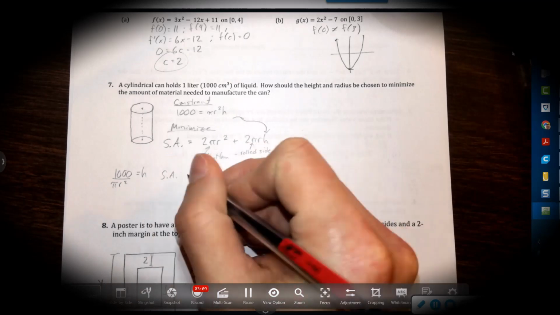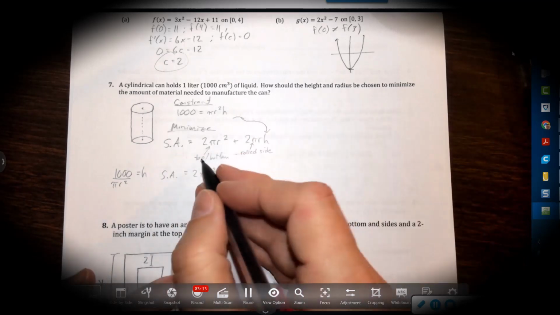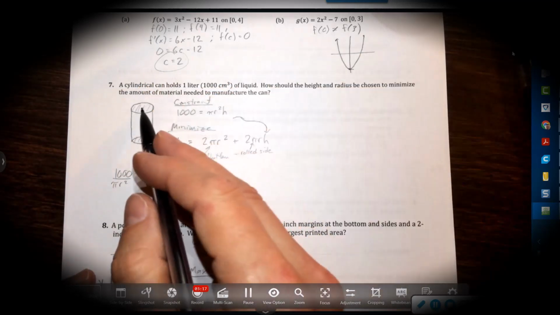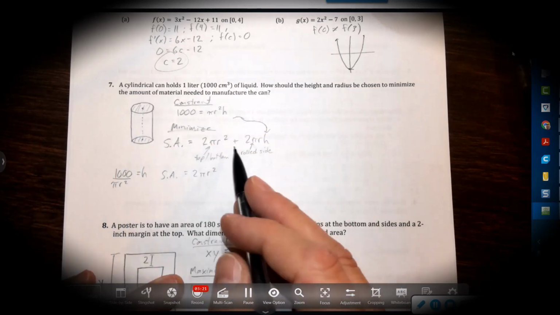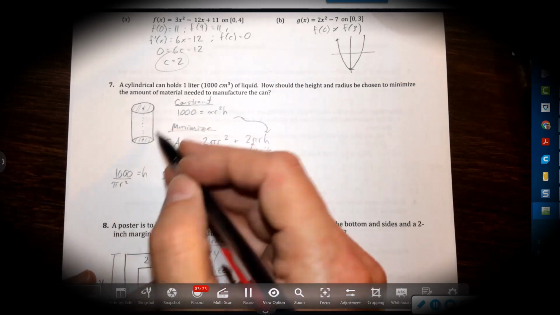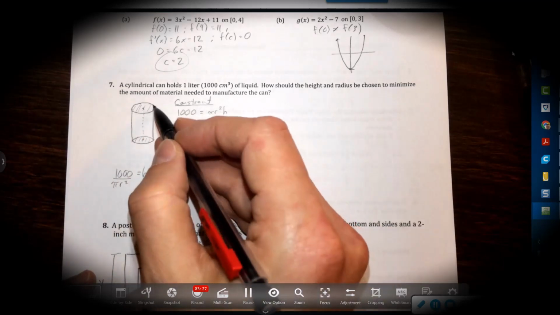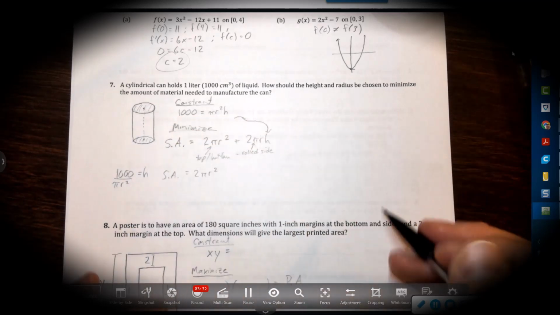So the surface area equals 2 pi r squared. This is the top and the bottom surfaces added together. So pi r squared is that area, two of them. Then we're going to add all of the label, all the wraparound, and that is what this represents here. It is the circumference times the actual length, or the height.